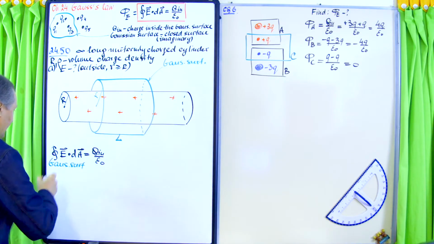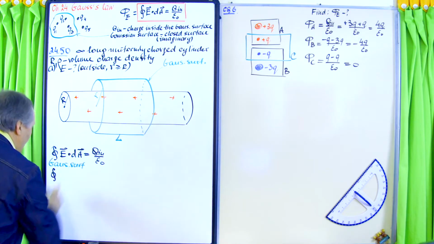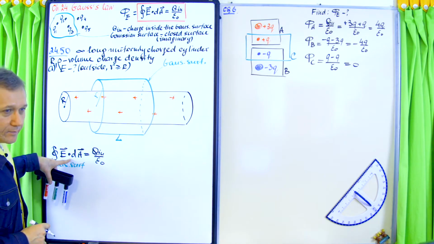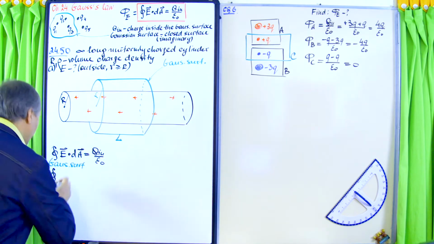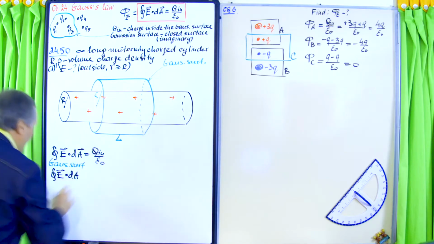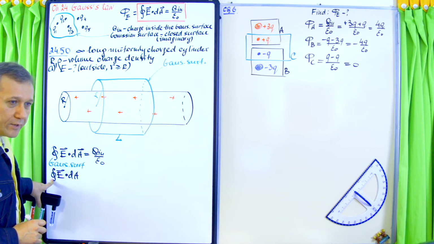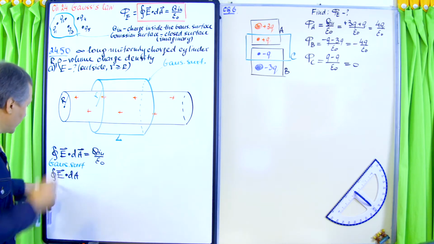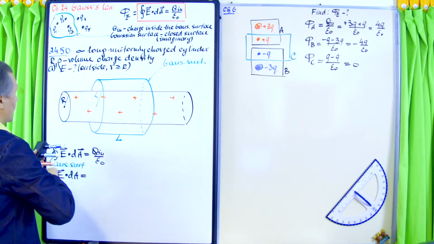Okay, so now let me do that. Now I start evaluating this integral, and then I will start looking at the enclosed charge. So, the closed surface integral of E dot dA. You remember that the circle in the middle means that we are integrating over a closed surface. Okay, let me label these surfaces first.